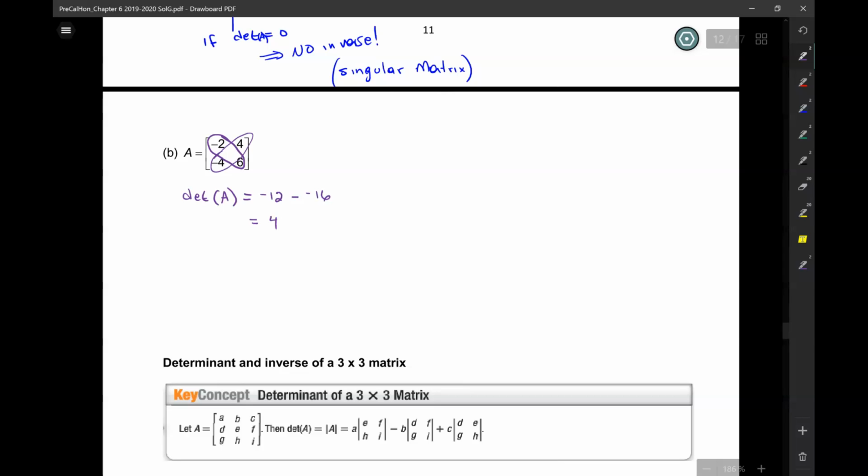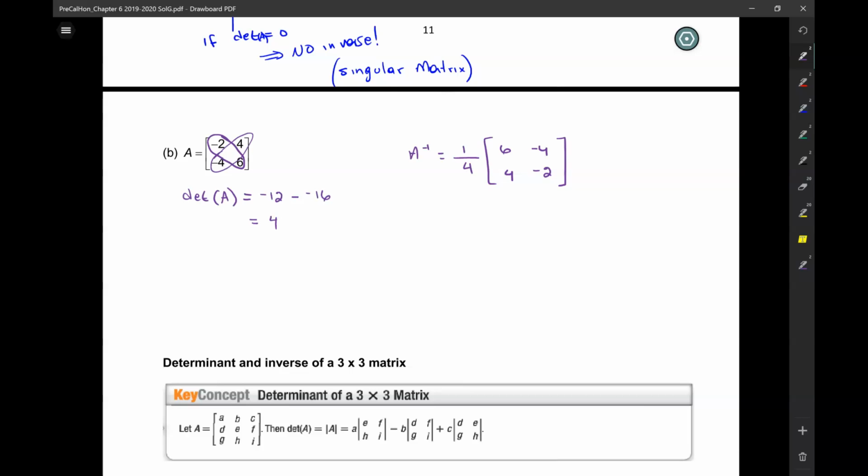A inverse is 1 over 4 times: change the places of the main diagonal. So 6 up here, negative 2 up here. And the other ones, they just change sign. So negative 4 on top, positive 4 on the bottom. I know it looked like those changed places too, but they just changed sign.